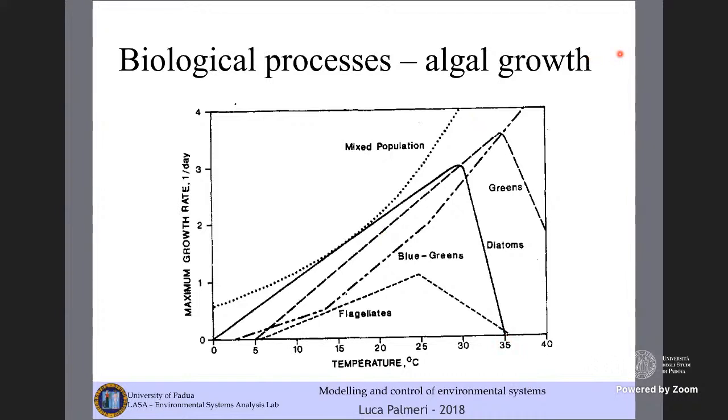In particular, the diatoms, a particular type of phytoplankton that depends on the presence of silicates for its growth, are described by an optimum function, so a function that accounts for the fact that there is a reference temperature at which you have a maximum growth rate.